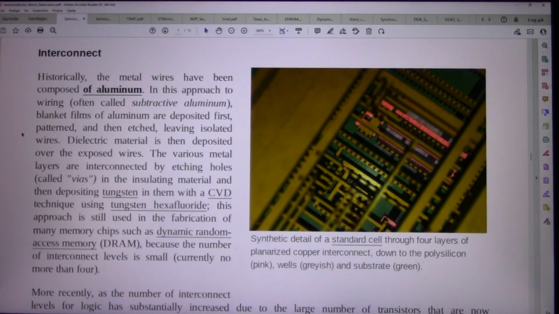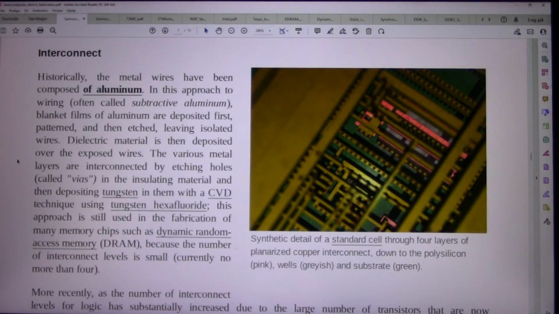Dielectric material is then deposited over the exposed wires. The various metal layers are interconnected by etching holes, called vias, in the insulating material and then depositing tungsten in them with a CVD technique using tungsten hexafluoride.